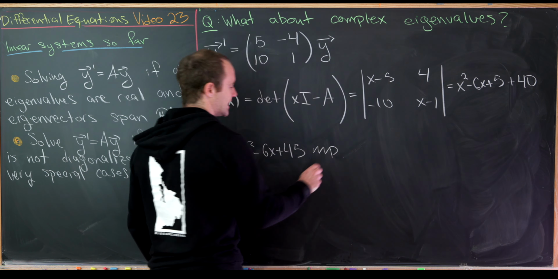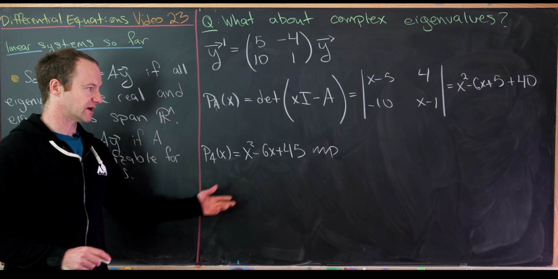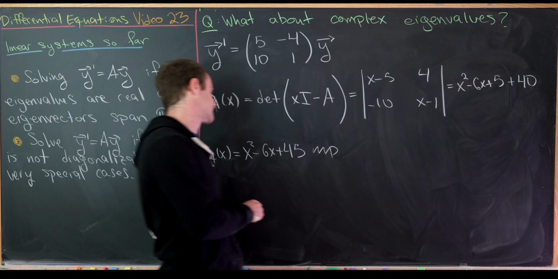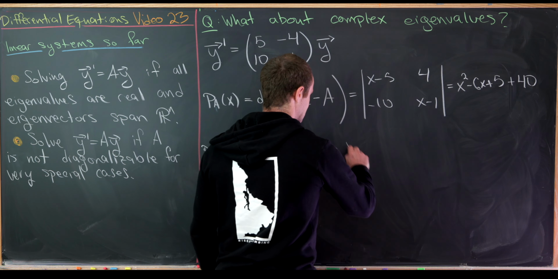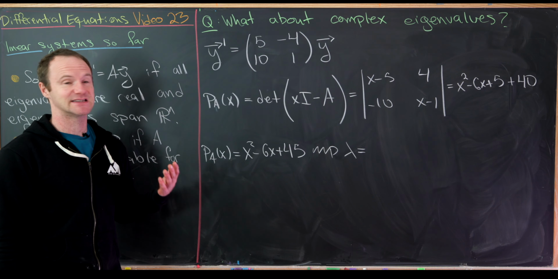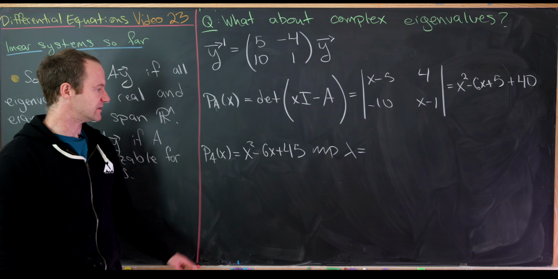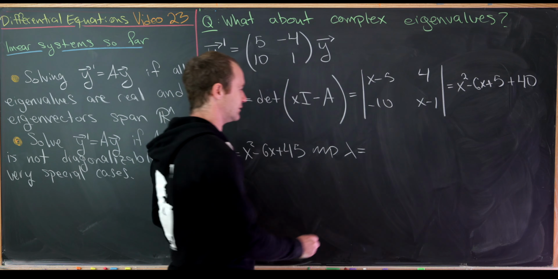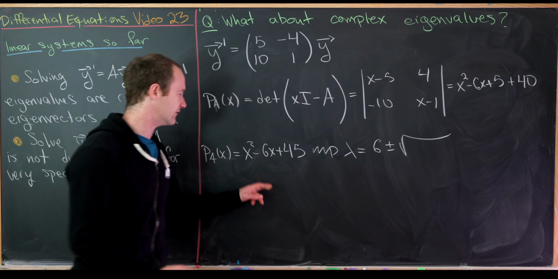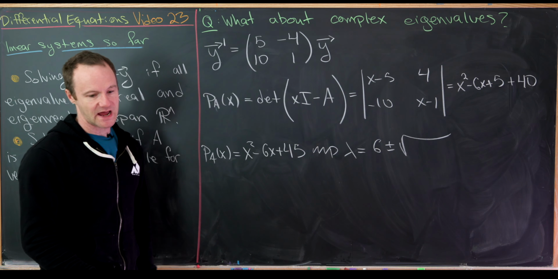We'll use the quadratic formula here, because you can check very quickly that this doesn't factor over the real numbers. Lambda is equal to, I'm calling lambda the roots, as that's the standard notation for eigenvalues, negative b, so that's 6, plus or minus the square root of b squared minus 4ac.